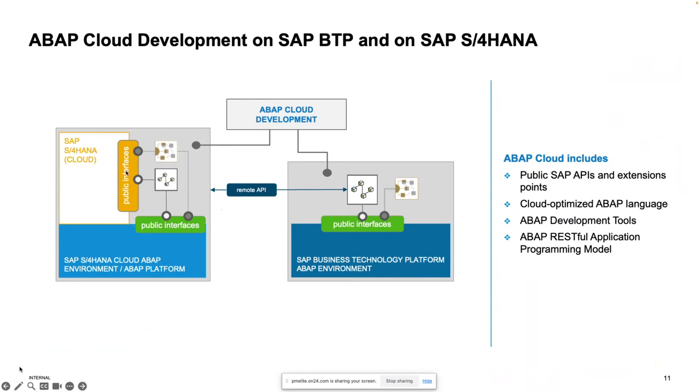On the left side, of course, you have much more business functionality by adding the public interfaces directly of the S/4HANA Cloud stack. But the development model for both is the same, which is ABAP Cloud. And for that, it includes the public APIs, as I said, the cloud-optimized ABAP language, the ABAP development tools in Eclipse, and of course, our new go-to programming model to build transactional applications, the so-called RAP, the ABAP RESTful Application Programming Model. Sorry.